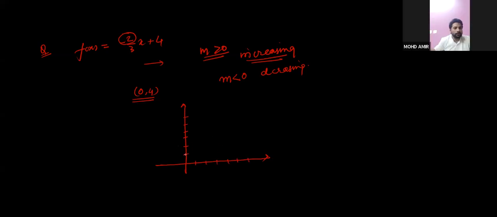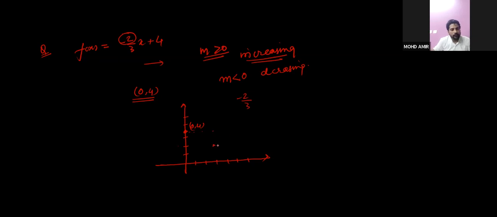Okay, 0 comma 4. 1, 2, 3, and 4. 0 comma 4 is here. Okay, now basically, our slope is -2/3. If we move 3 units right, we have to go 2 units down. So we'll be here, like here. I think you can see it right now.